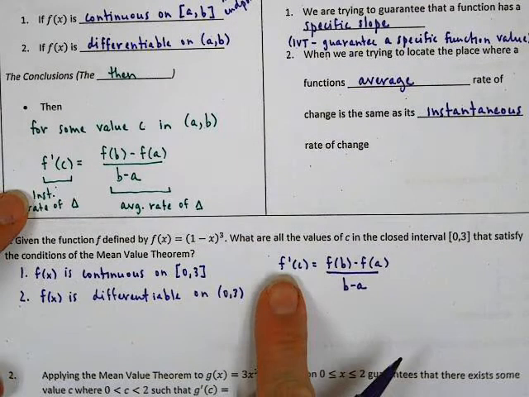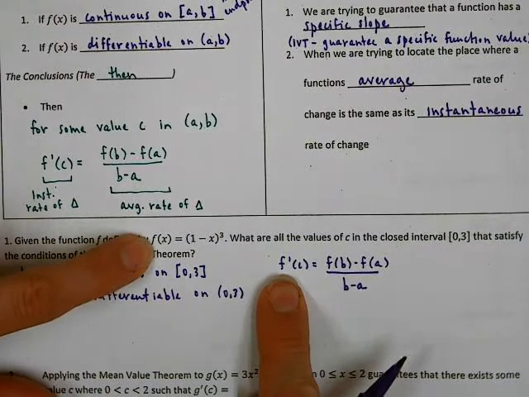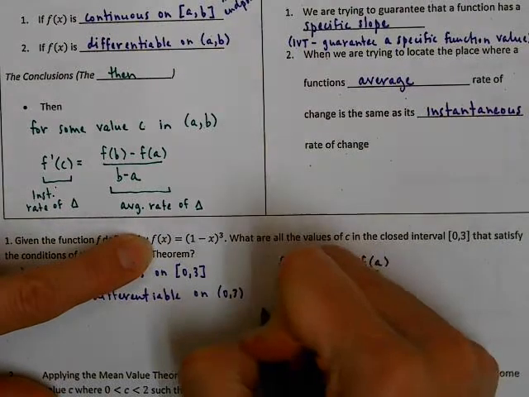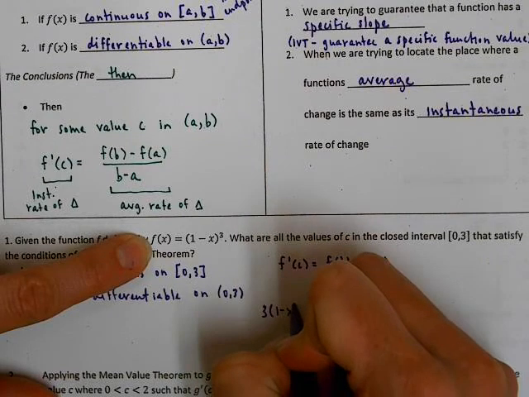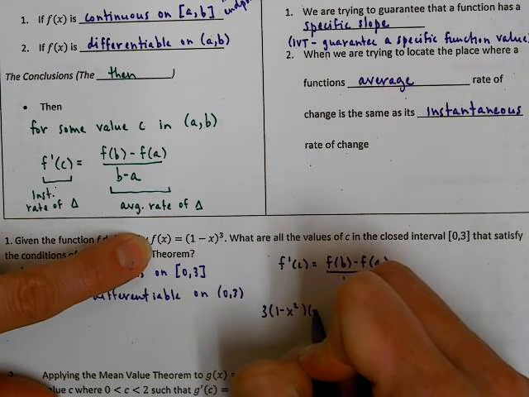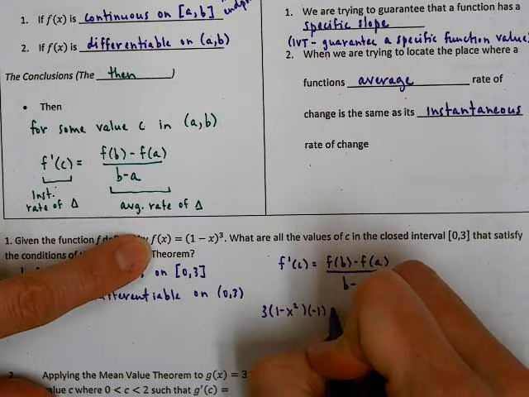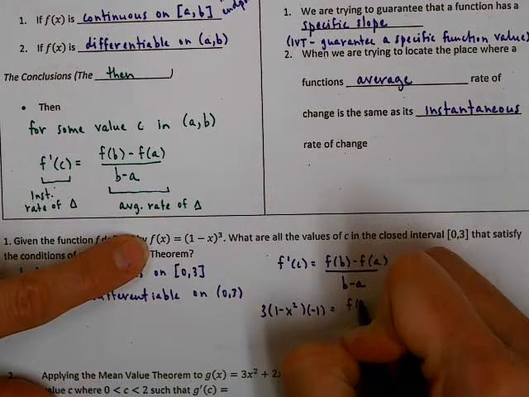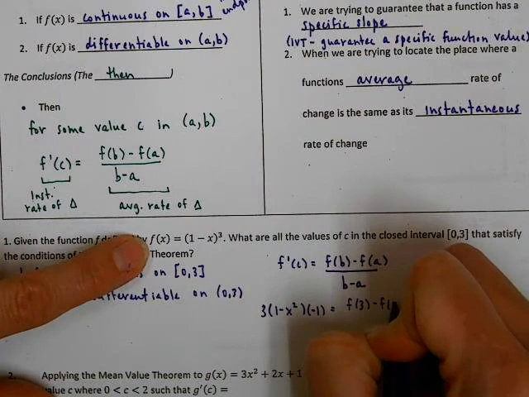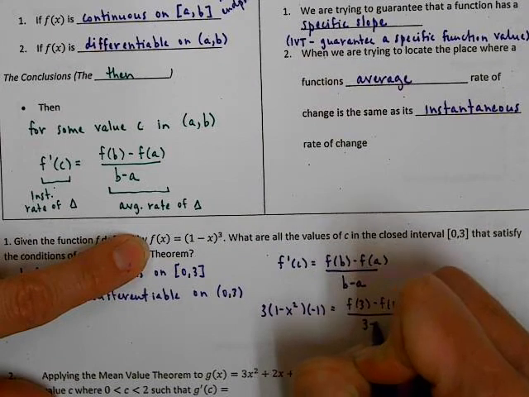Well, f prime of c is just the derivative of f of x. So I know that's going to be 3 times the quantity 1 minus x squared times negative 1. My interval's from 0 to 3, so I have f of 3 minus f of 0 all over 3 minus 0.